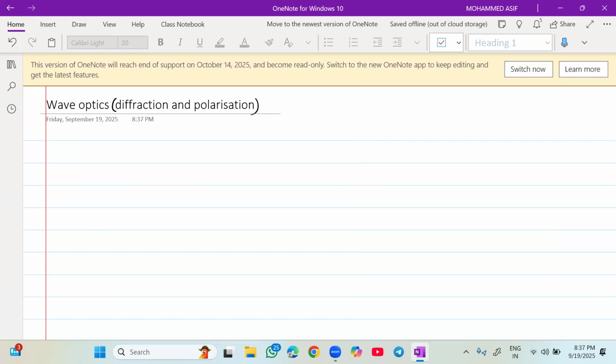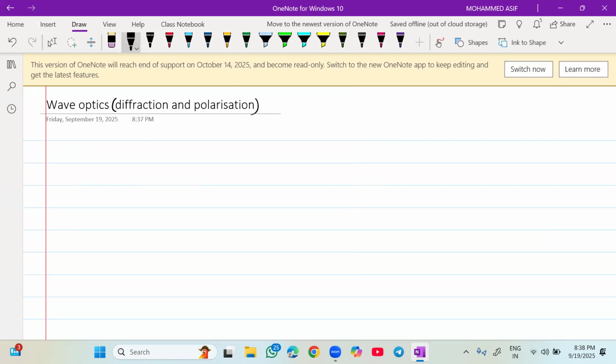Akshara, what do you mean by diffraction, madam? Bending of the light is known as diffraction, isn't it?